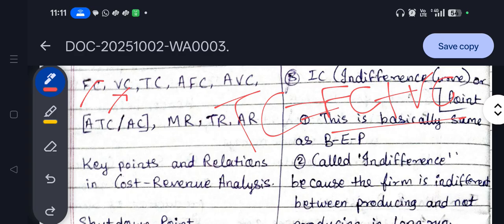What do you mean by AFC, that is average fixed cost? When you take the total of all the fixed cost and divide by the quantity, it is known as average. And why is taking average important?